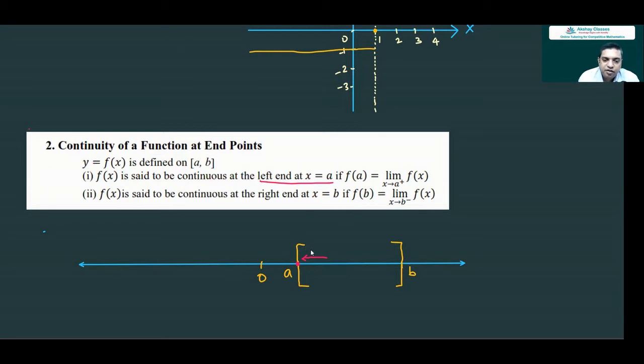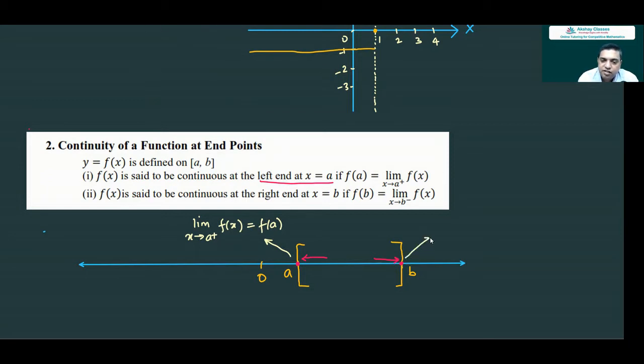So for continuity at this point, the only thing we see is that the right hand limit must be equal to the function value. Whereas for the right end of the interval, if we are checking continuity, then we can only check continuity from the left because the function is not defined at all on the right.